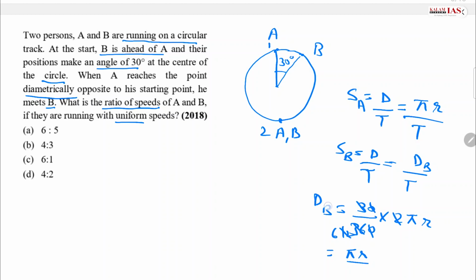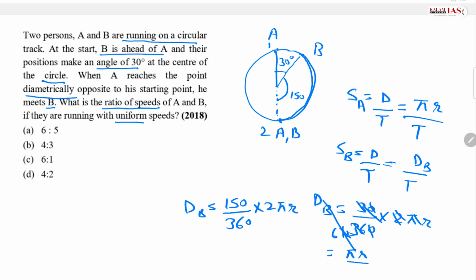there is a small mistake here. We have to measure this angle, like suppose this is 30 degrees, this angle will be 150 degrees. So B has to cover this part from this point to this point. So distance covered by B will be 150 by 360 into 2 pi r.